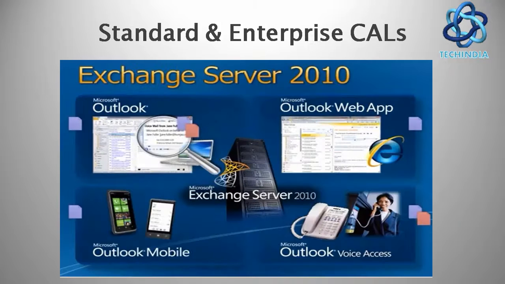For example, for Exchange server 2010, Outlook, OWA and mobile based mail access, if you have the standard license, it's more than enough, it will work. But for example, if Outlook voice access should happen, you should have the standard and enterprise CAL license. Then only is it possible to utilize the full feature set. So this is about the standard and enterprise CAL licensing. That is about the CAL licensing concept.